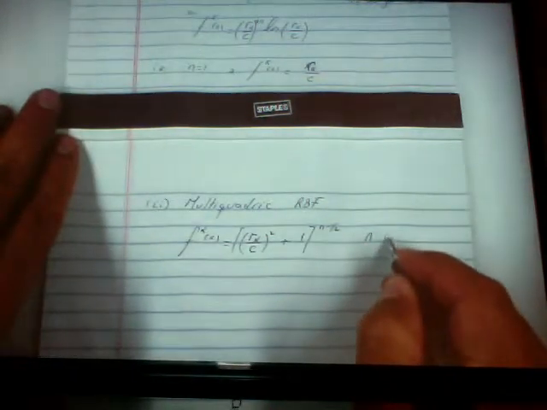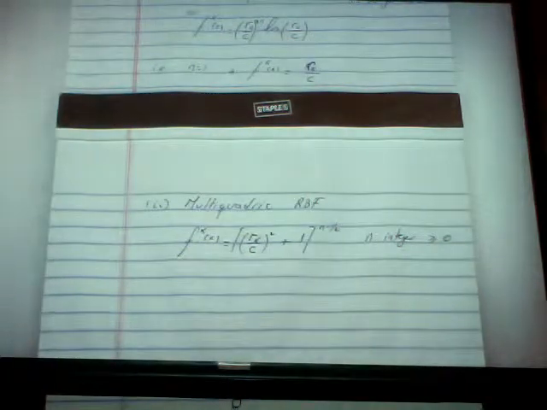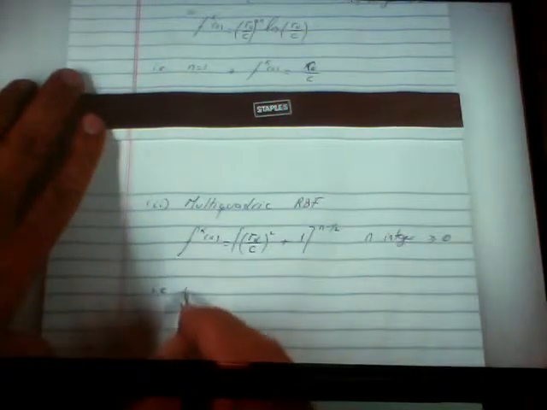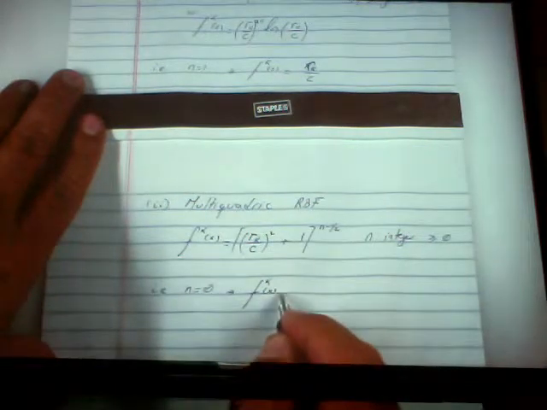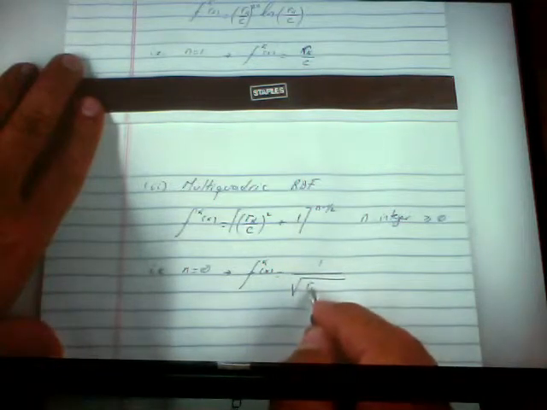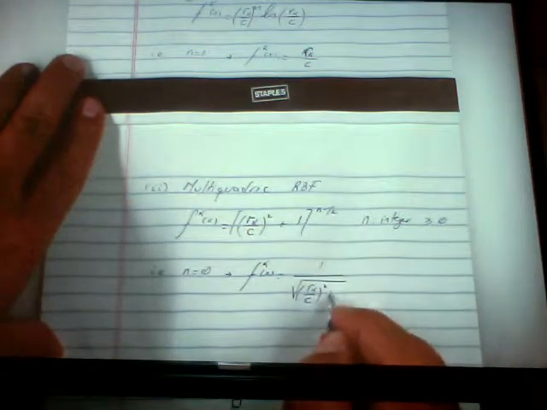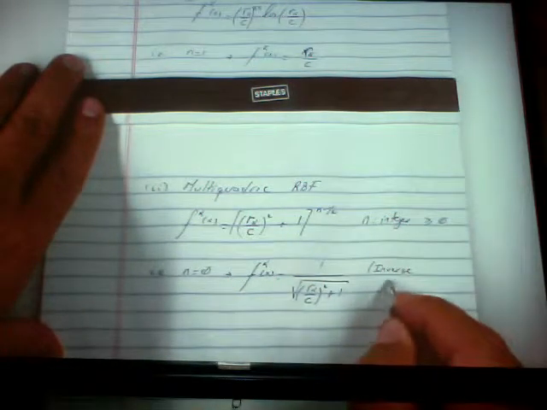Where n is an integer greater or equal than 0. Right? So an example, n equals 0 will lead to fk of x being equal to 1 over the square root of rk over c squared plus 1. And this is called the inverse multiquadric.